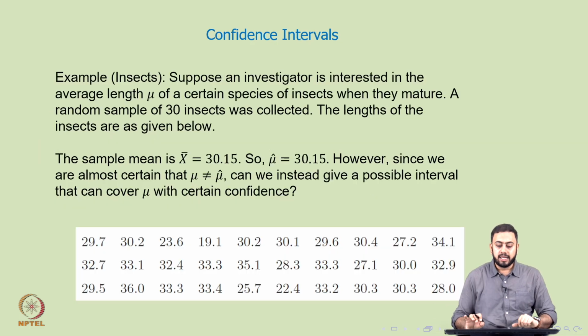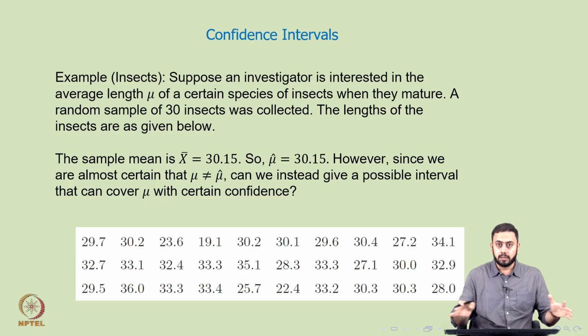Alright, so we'll begin this entire idea about a confidence interval with a small example. This is an insects example. Suppose an investigator is interested in the average length mu of a certain species of insects when they mature.